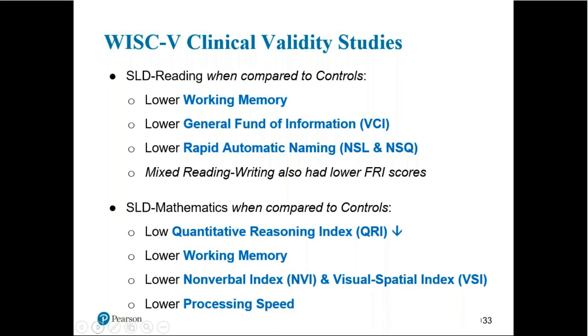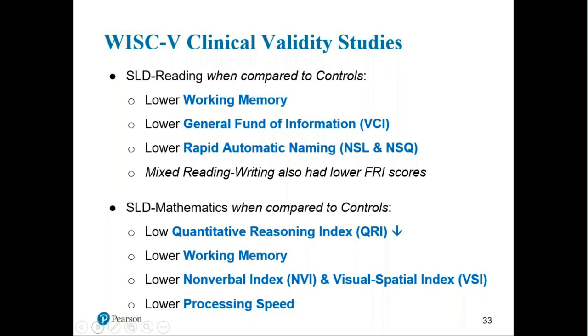They had lower rapid automatic naming, both literacy and quantitative, so that's related to reading and maths. And the mixed reading and writing group also had lower FRI scores, so the fluid reasoning also came out with a mixed reading writing group.